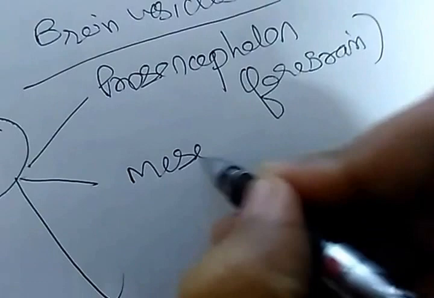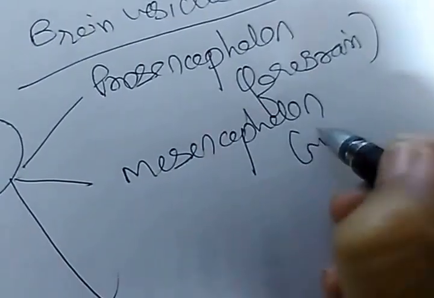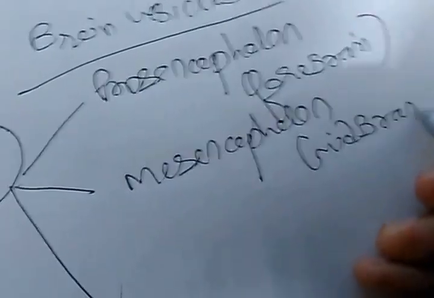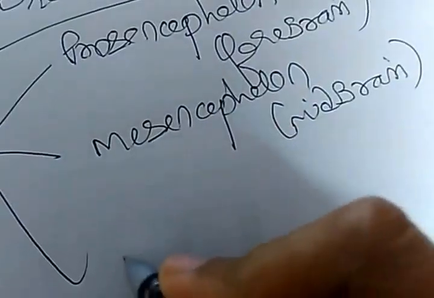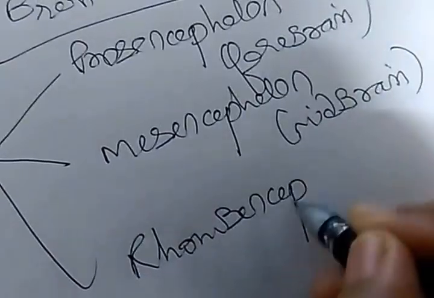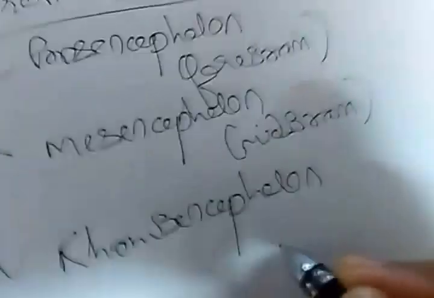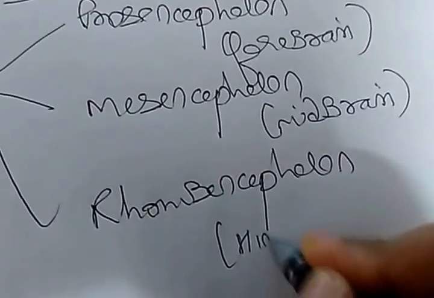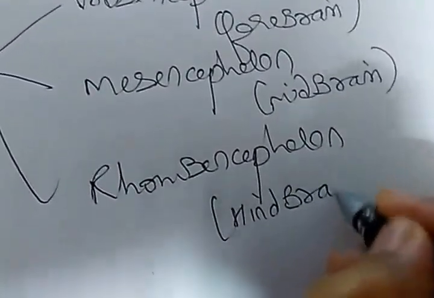Second is mesencephalon, which forms the midbrain. Okay, and third one is rhombencephalon, which forms the hindbrain. Okay, initially there were three.